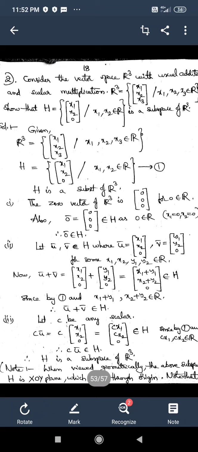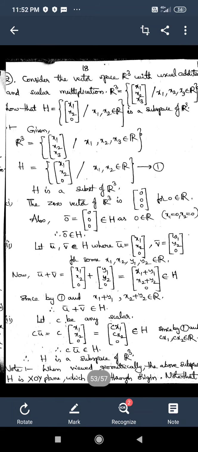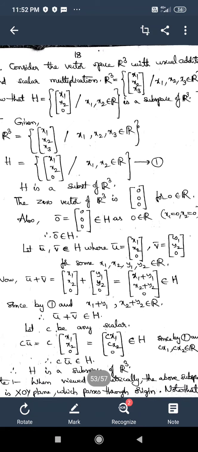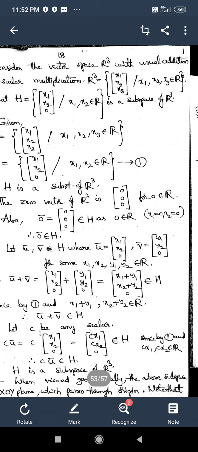So the problem given to us is, consider the vector space R3 with usual addition and scalar multiplication, and R3 in set notation is given as the set consisting of elements of the form column vectors x1, x2, x3 such that the entries x1, x2, x3 are real numbers.